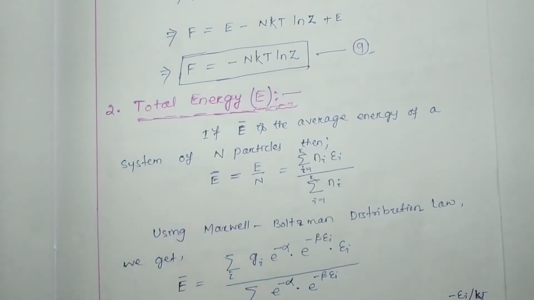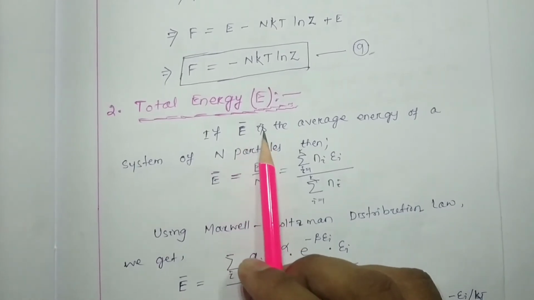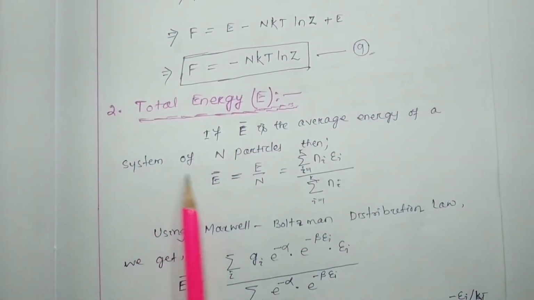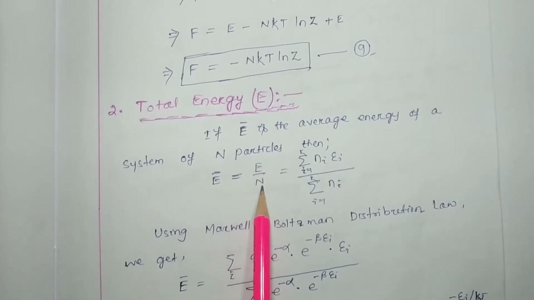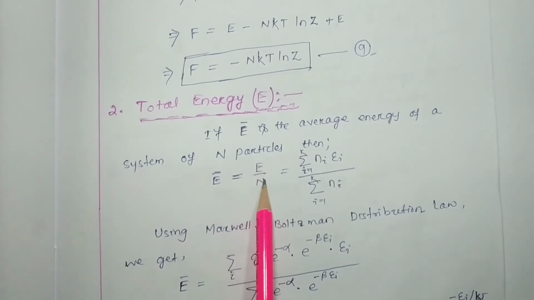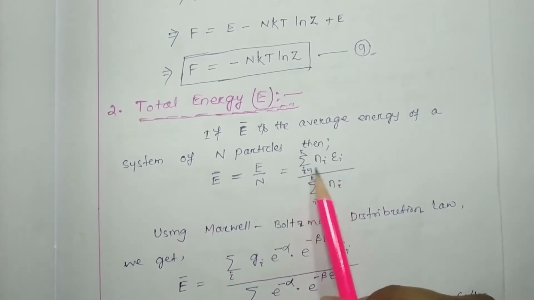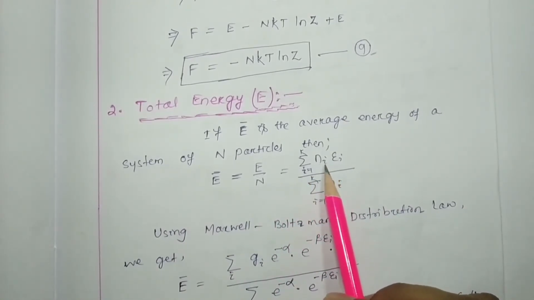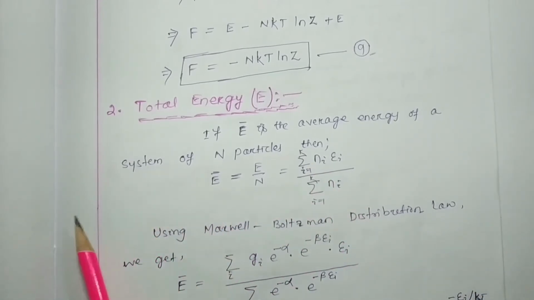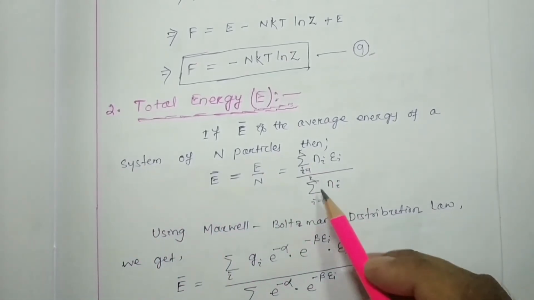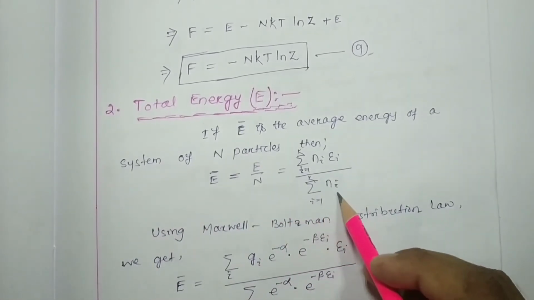Now we have to consider total energy. If E bar is the average energy of a system of n particles, then it can be written as E by n, total energy by total particles. Total energy is nothing but the summation of Ni epsilon i over i equal to 1 to k, that we discussed just before, divided by n, which is the summation over i equal to 1 to k of Ni.